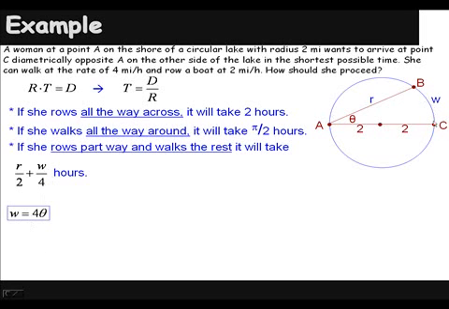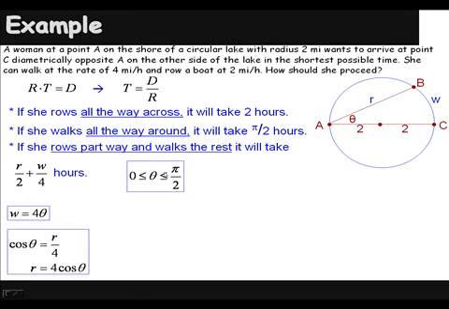W is the same as 4 theta. Cosine of theta is equal to r over 4, where r equals 4 cosine theta. So we've solved for r, and we've solved for w. We can plug these back into here. We can go over in class how this works.